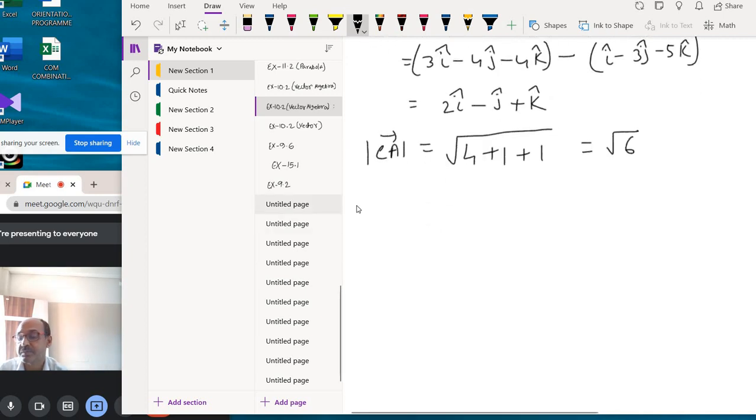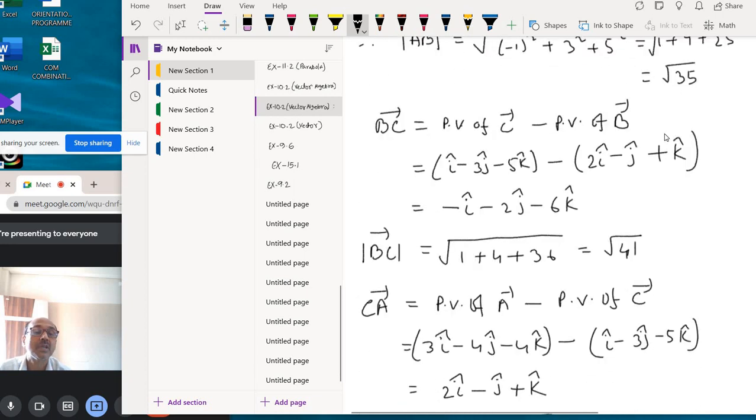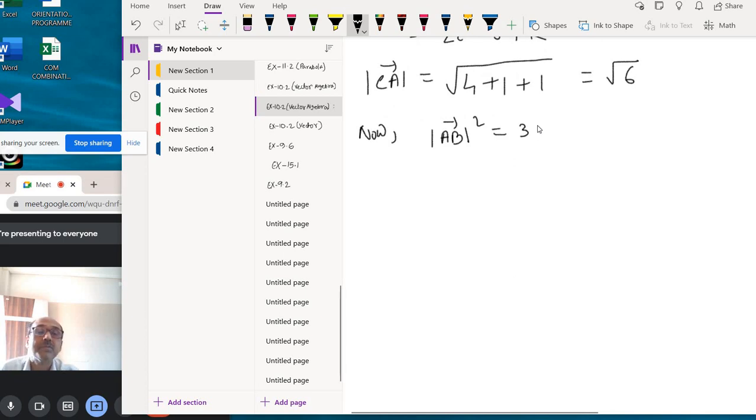Now AB square equal to 35. BC square equal to 41 and CA square equal to 6.